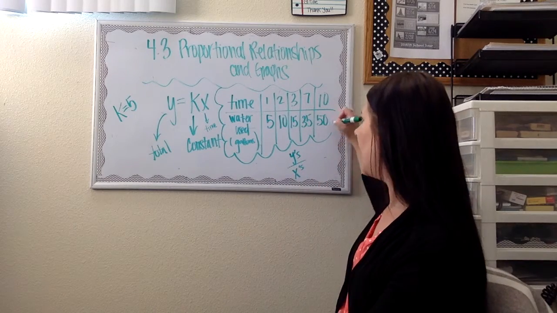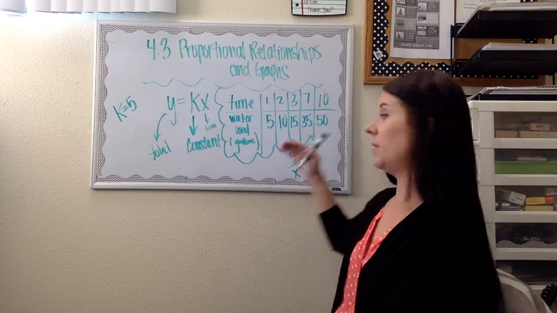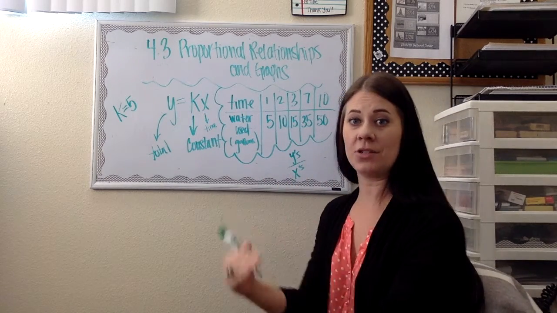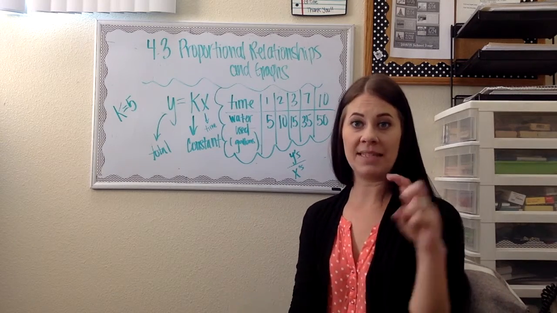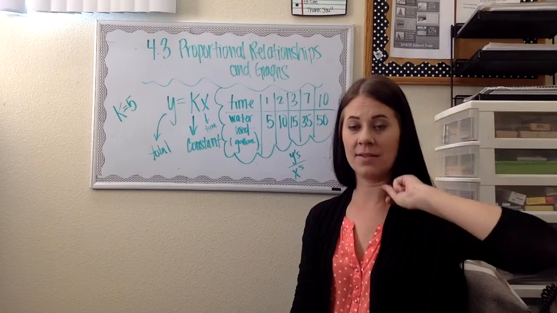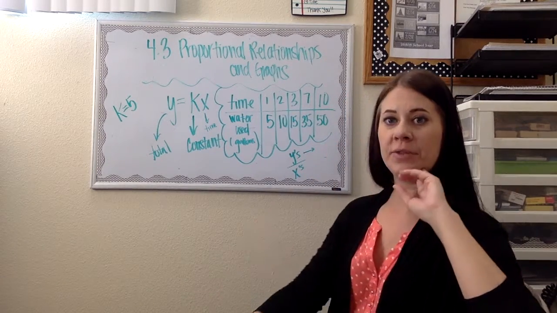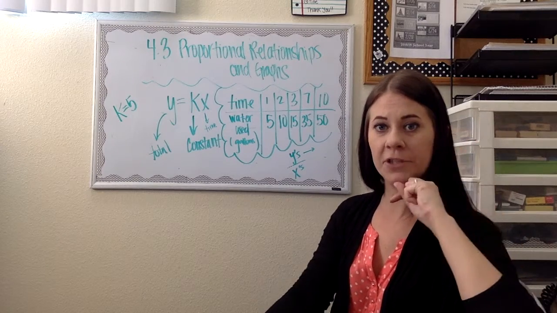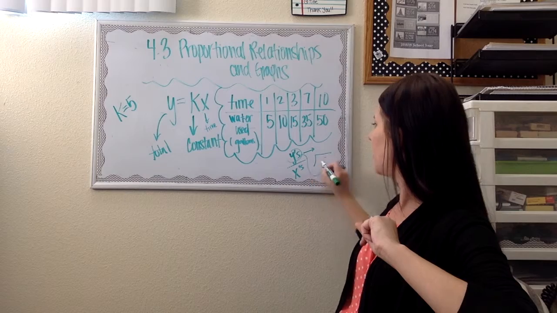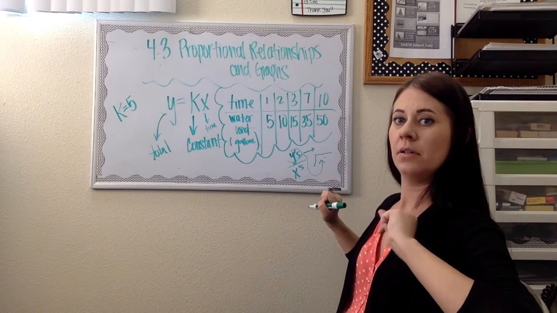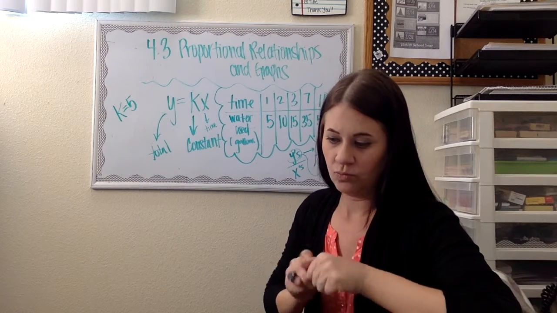So you can divide to get your k, or ask yourself what did I do to x to get y. Then you can check if it's a proportional relationship by dividing y's over x's. Remember, the top number, if you were using a calculator, would go in the calculator first. If you were using long division, that top number goes underneath.